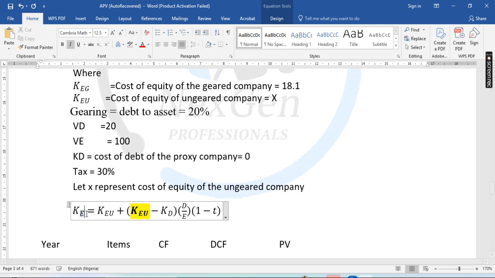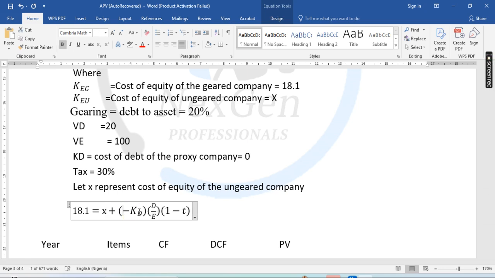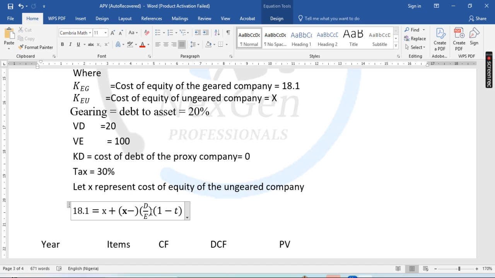So 18.1, X, X, this is 0, right? This is 0.